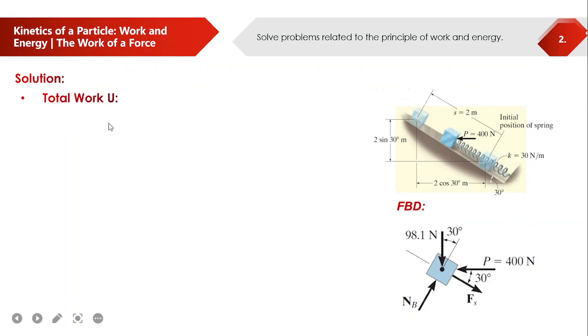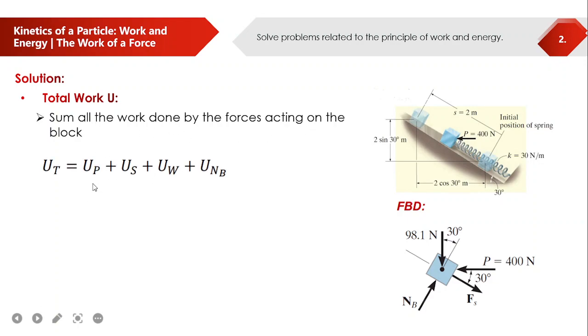Okay? Therefore, the total work will be the sum of all the work done by the forces acting on the block. That will be U sub T is equals to the work of the force, work of the spring force, work of the weight, plus work of the normal force. Therefore, your horizontal force P, that will be 692.82 joules.